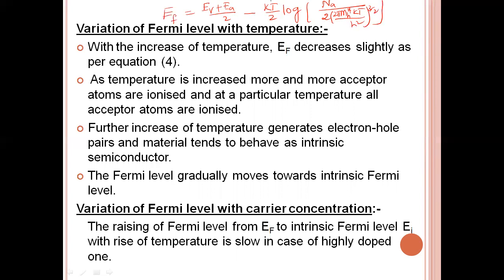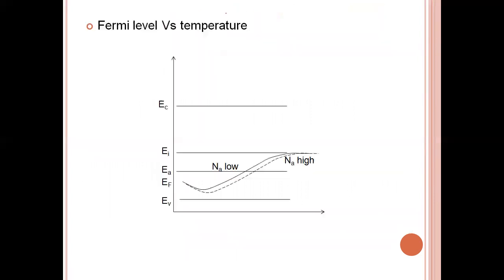If you see, at 0 degree Kelvin, EF will be equal to EV plus EA by 2. So at 0 degree Kelvin, the Fermi energy lies just in between the acceptor level and the valency level.